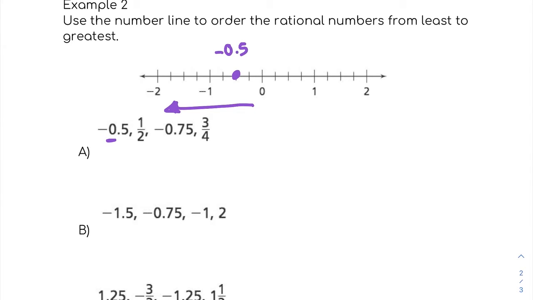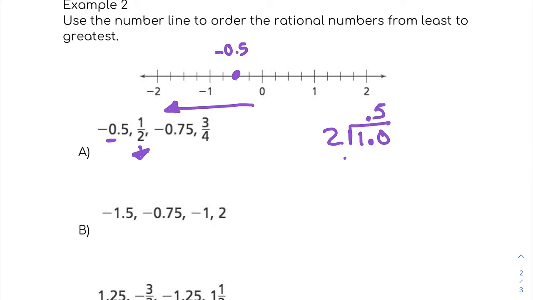My next one is 1/2. If you don't know what 1/2 is off the top of your head as a decimal, remember to turn fractions into decimals you can divide. The denominator always goes on the outside, and the numerator goes on the inside. Since 2 can't go into 1, we add a decimal and a 0, and now we ask how many times can 2 go into 10?